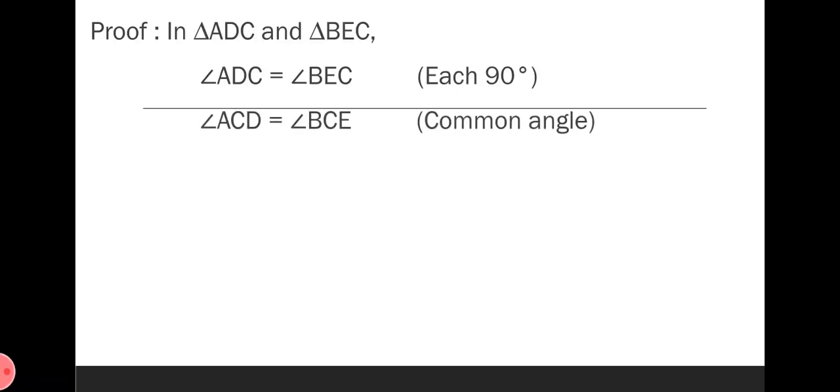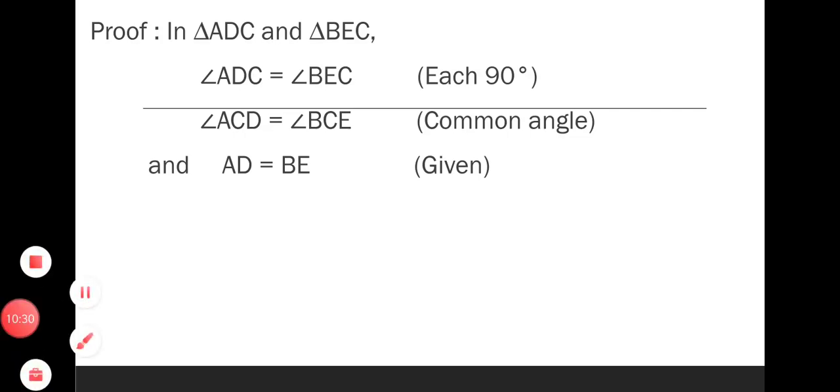In triangle ADC and triangle BEC, angle ADC equal to angle BEC, each 90 degrees. Another, angle ACD equal to angle BCE. This is common. Angle C is common in both the triangles. And third is AD equal to BE. This is given. Let's see in the figure these three parts of both the triangles.